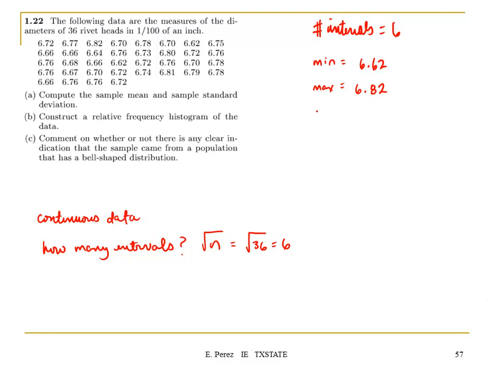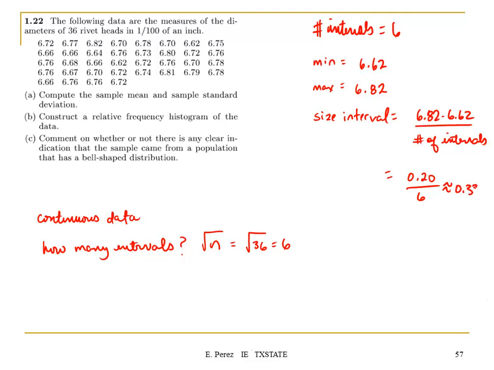So the size of the interval is 6.82 minus 6.62 divided by the number of intervals, and that would be 0.20 divided by 6, which is about 0.0333.